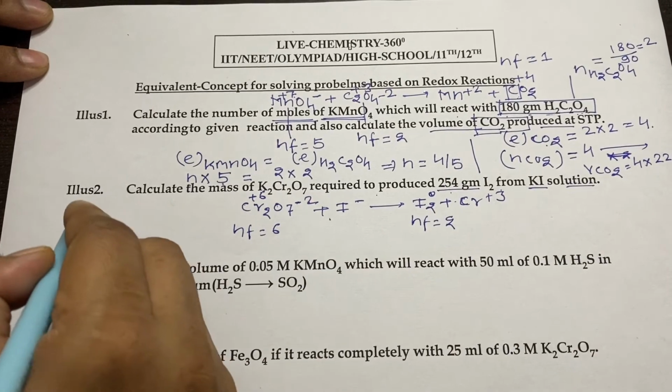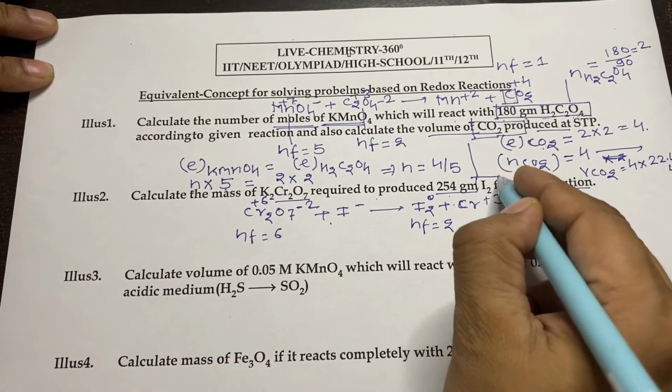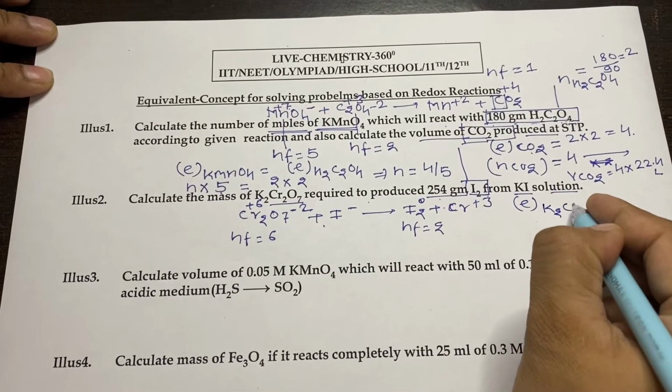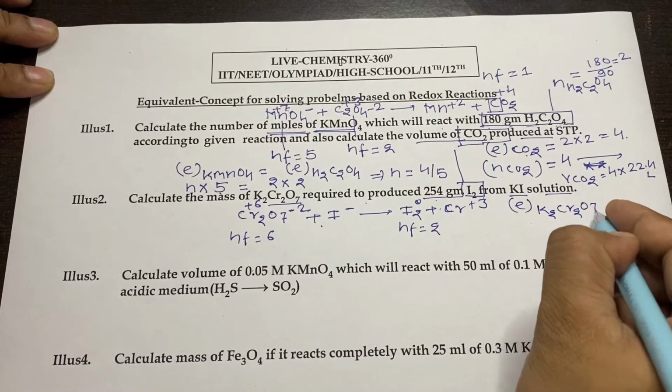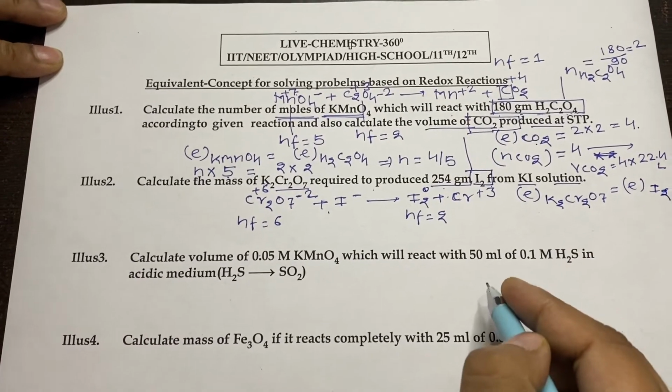We can say that the equivalents of dichromate and the equivalents of I2 are required to relate. So simply, equivalents of K2Cr2O7 will be equal to equivalents of I2, right?